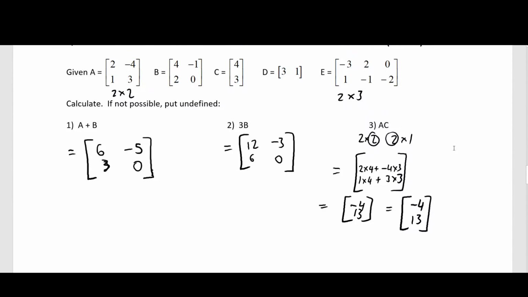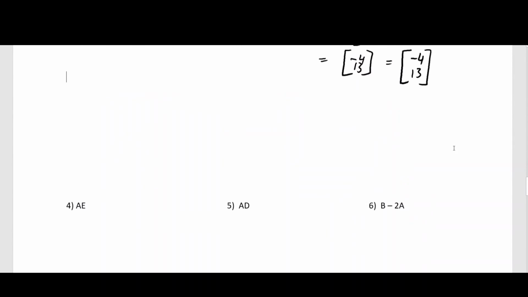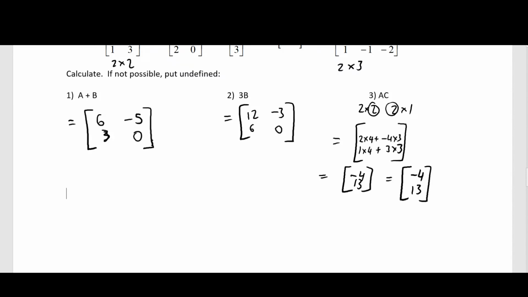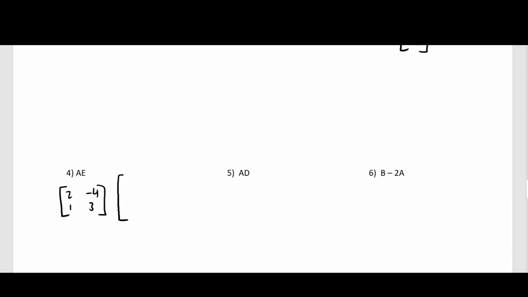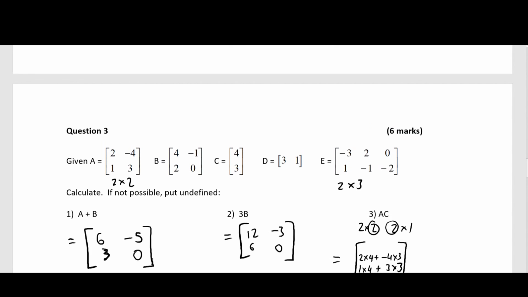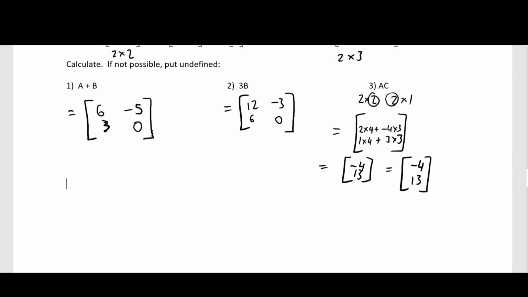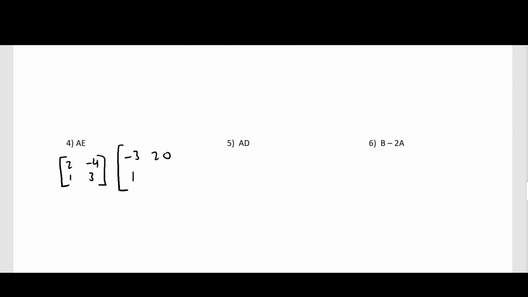So we've got 2, -4, 1, 3 multiplied by -3, 2, 0, and 1, -1, -2.